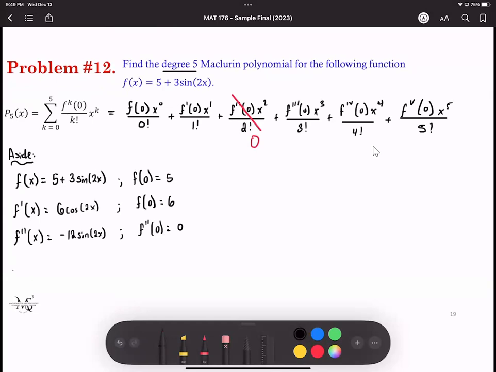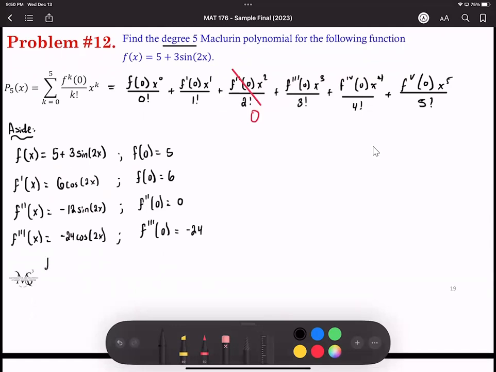Now, if I do f triple prime, we get negative 12 cosine of 2x. No, sorry, negative 24 cosine of 2x. And if I evaluate this derivative, we get negative 24. Now I do f quadruple prime.